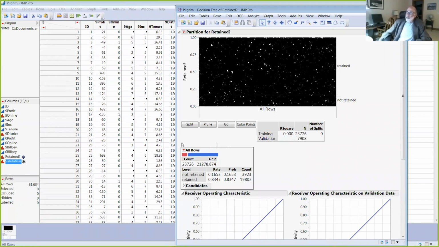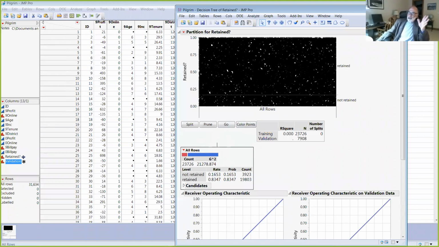Initially, it starts with all of the data basically kept together. There are no branches to the tree yet. This line across is showing the fraction of the data set that is not retained. And it looks like it's on the order of about 20%.